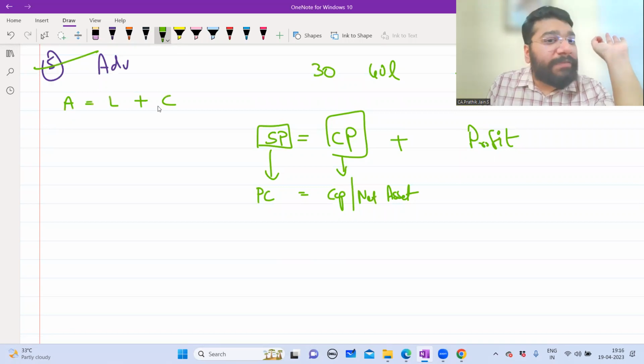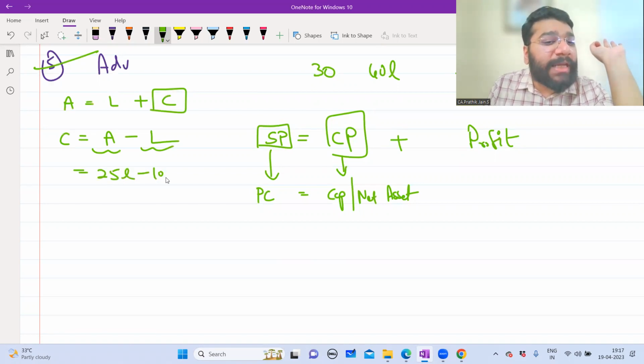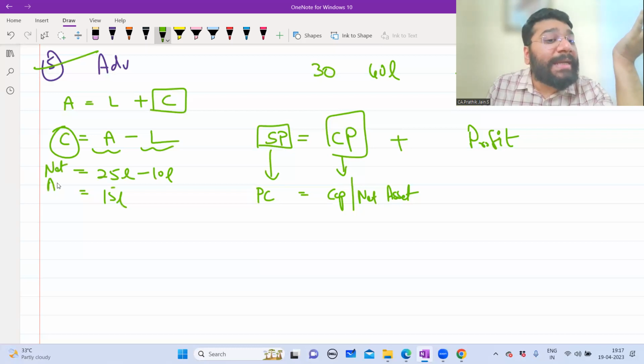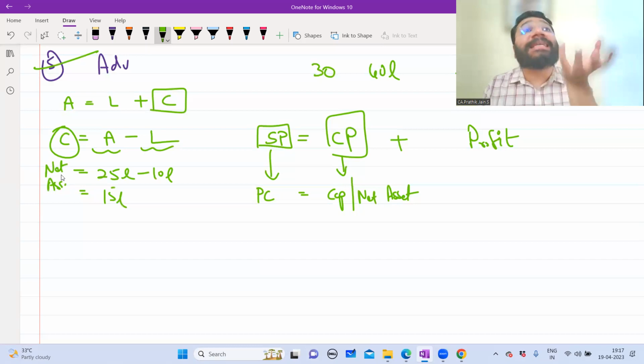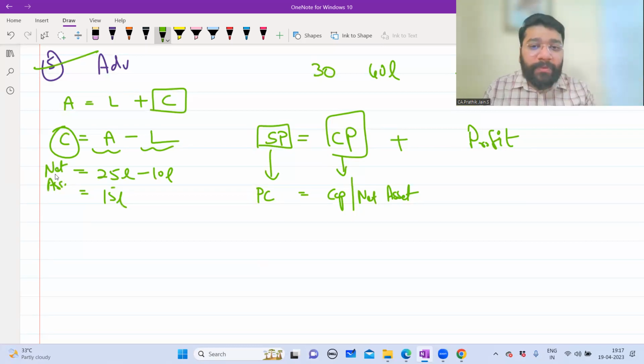If I want to find out capital, what will be the equation? Asset minus liability. So total asset minus external liability is capital. Here the asset in my example was 25 lakh, liability was 10 lakh. So what is the capital? 15 lakh. This capital is also called net asset. That is, from gross asset, if I pay the liability, I'm left with the balance, the net asset. Makes sense now?